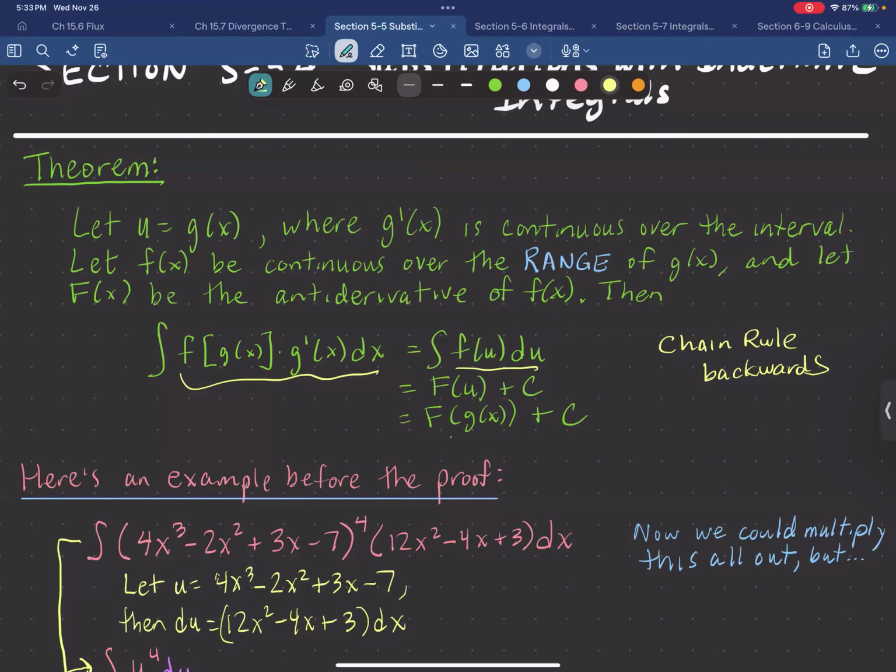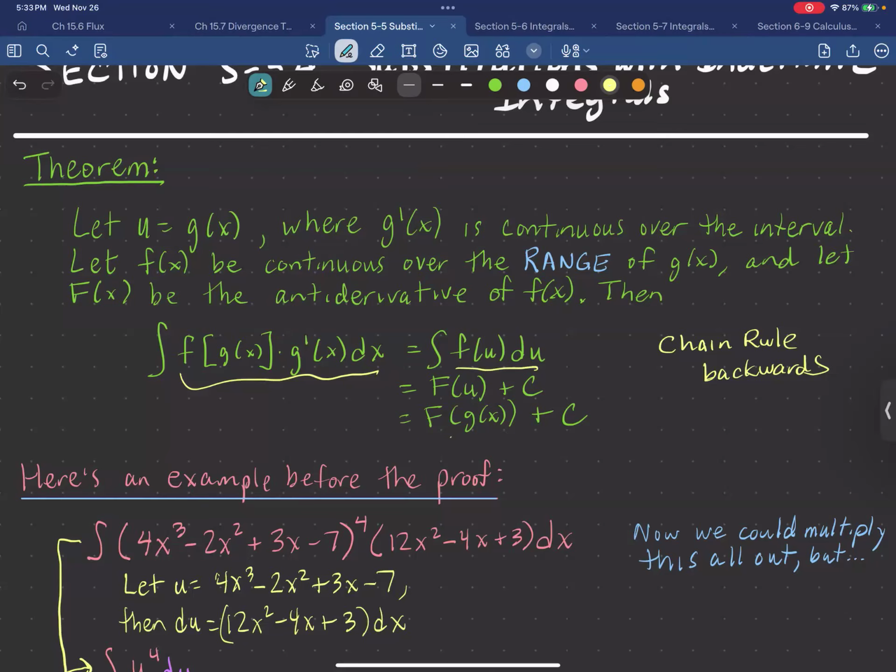That's the idea. So sometimes you got to tinker around and figure out what it is. Notice if we choose this to be our u, then the derivative is 12x squared minus 4x plus 3, which is right there.